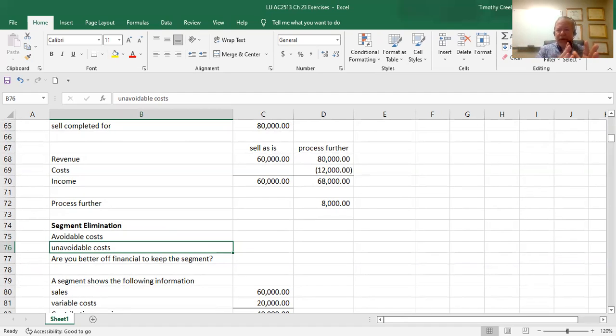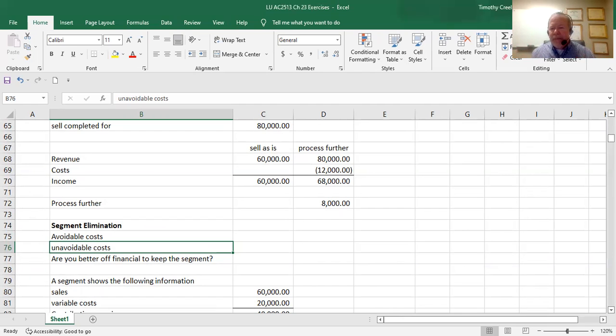So if you close this unit, that cost will just be allocated amongst the other units. So in some cases, if a company is losing money because of costs that are allocated to it from headquarters, you'll just make yourself worse off if you close it, because then those costs will just go out to all the other units. So you really want to look at the why.